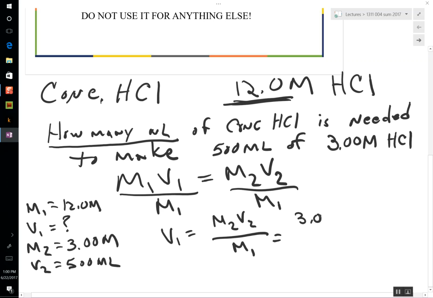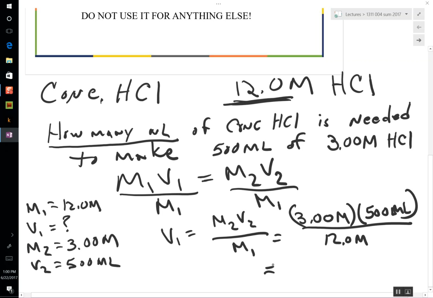So I have my final molarity times my final volume divided by my original molarity, and that's V1. Molarity crosses out, my units are milliliters. So how many milliliters of concentrate do I need?